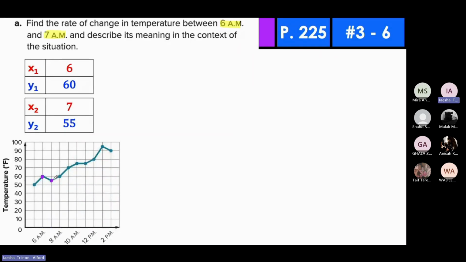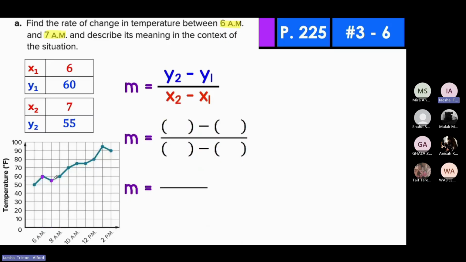Once you get the numbers from the graph, put them in a table so that it's easy for you to see. After you put it in the table, you need to write the slope formula. So y2 subtract y1 over x2 subtract x1. y2, 55, y1 is positive 60. x2 is positive 7. x1 is positive 6.